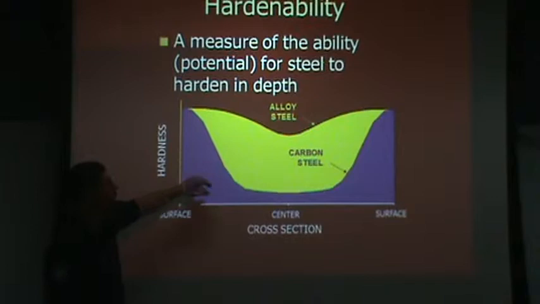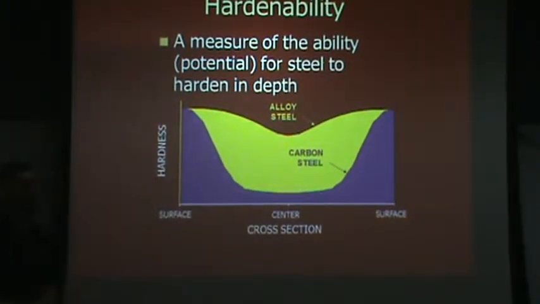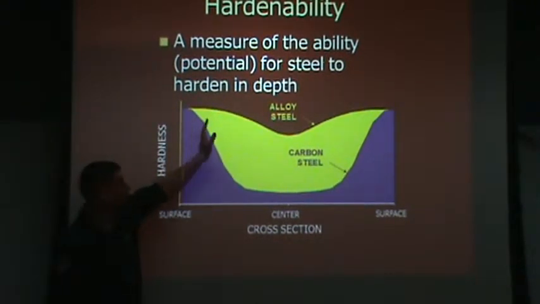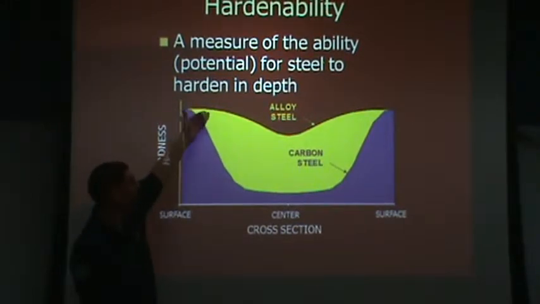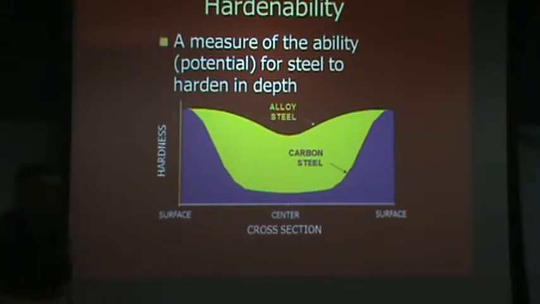So what we would say is that this steel that is represented by yellow has a higher hardenability than the one that's purple. They both have the same surface hardness, but the one that's higher in hardenability can keep a higher hardness to a greater depth. So this is important if you're trying to make a part that is going to have certain performance characteristics and it's some particular size.